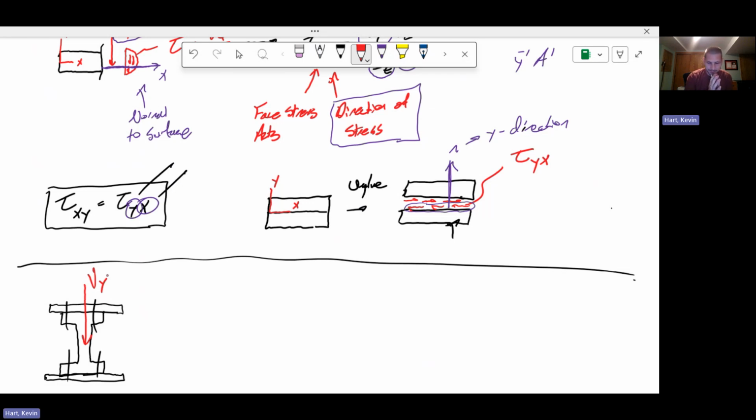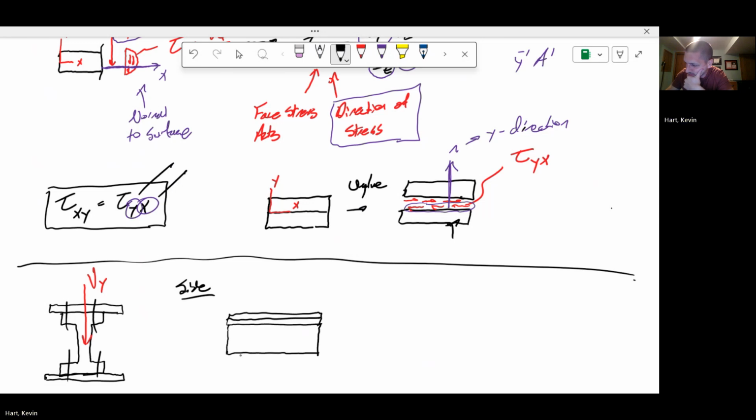It's not so easy to understand what's happening. So let's look at this from the side. You got this plate, got the I-beam. So this is the plate on top, I-beam. It's got its big center web. And then the plate on the bottom again.